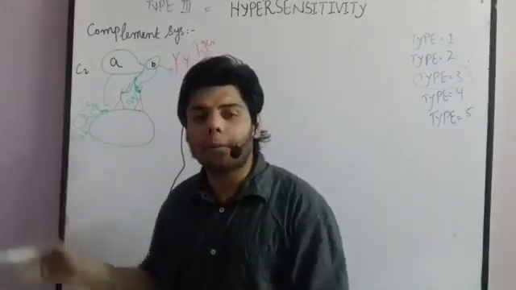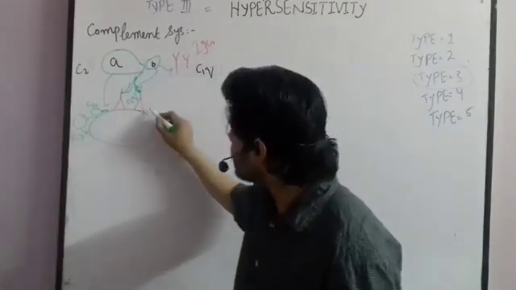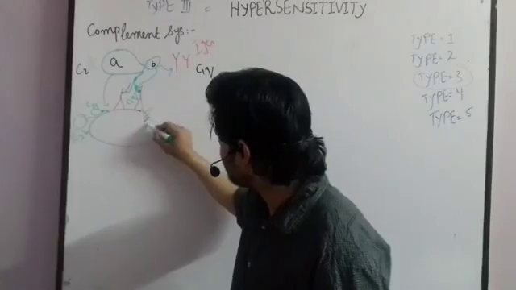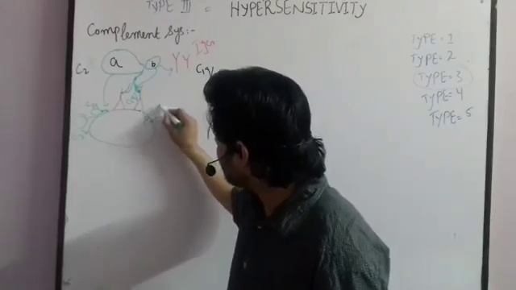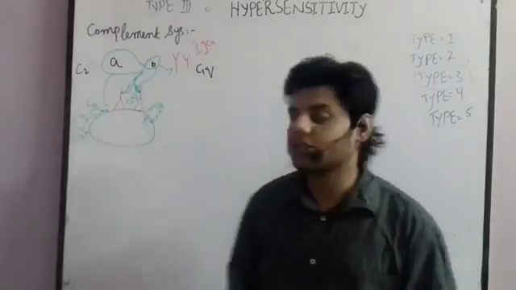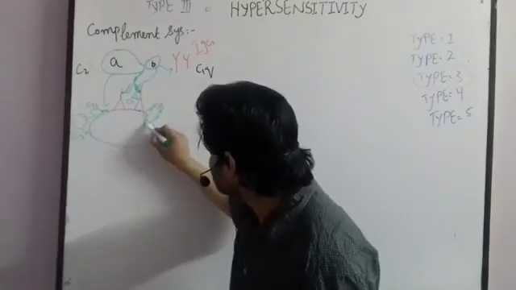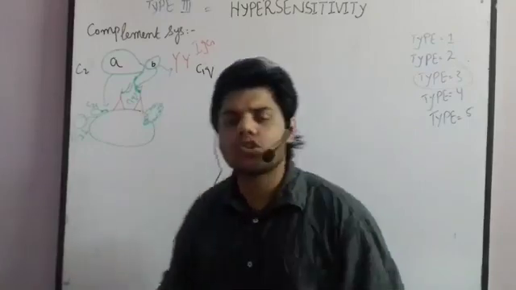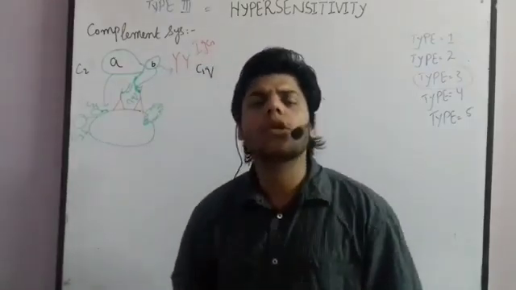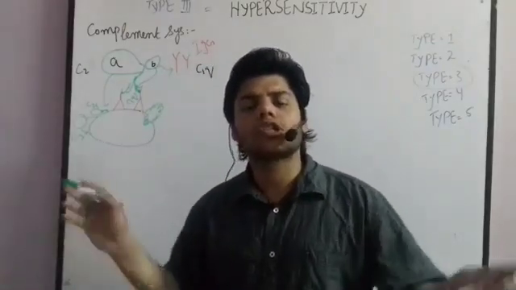The proteins keep binding here, one after another, and they create holes, as you are watching. So a hole is created. These are the proteins C3a, C2b, C5, C6, C7.